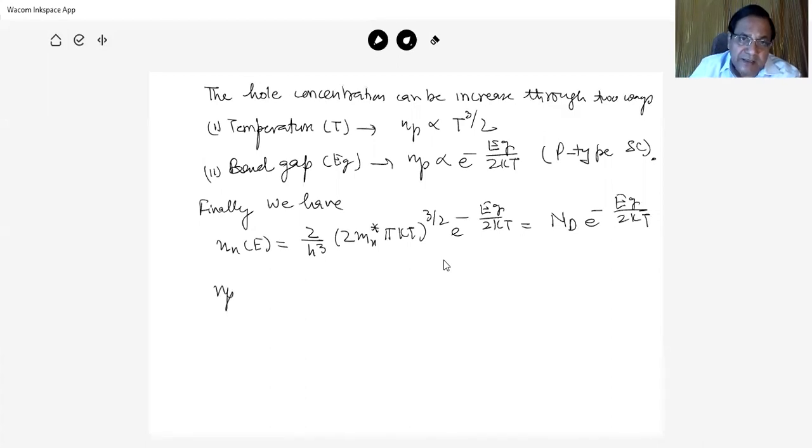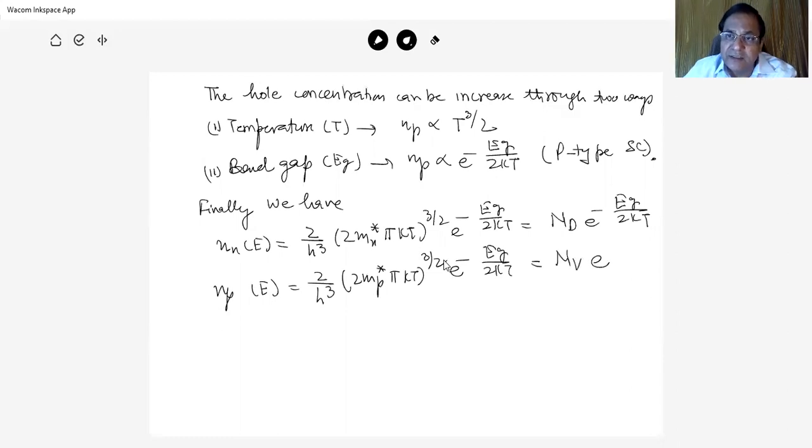And the second is N of P for holes, which is 2 upon h cube, 2 Mp star kT to the power 3 by 2, e raised to the power minus Eg upon 2 kT, that is N of V e raised to the power minus Eg upon 2 kT.